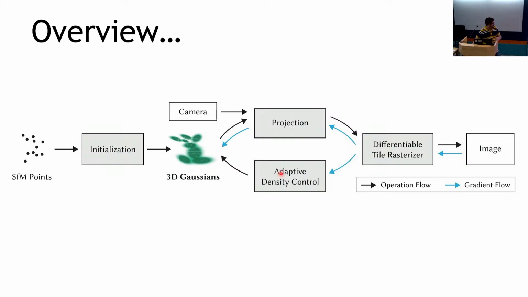Another thing is that from the paper perspective, a lot of methods have come on how to improve this adaptive density control. This part is almost fixed, and no one touches it unless you have very good knowledge in graphics, because this employs a lot of CUDA kernels.